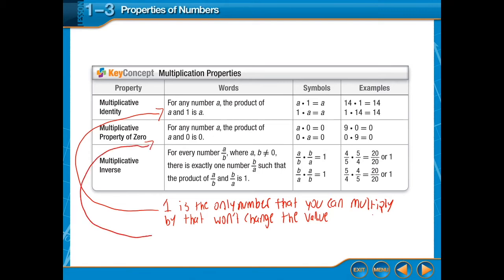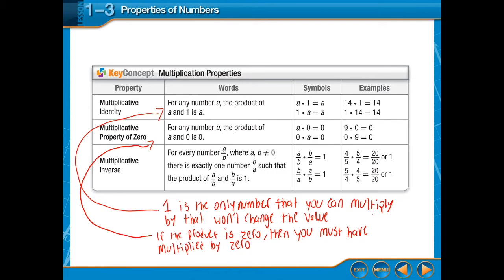Multiplicative property of 0. If you ever want to cancel something out, or if you ever want the answer to be 0, the only way ever that you will multiply something and get 0 as the answer is if you multiply by 0.